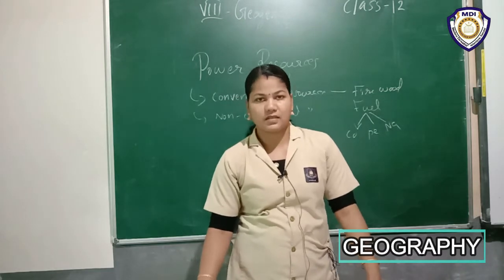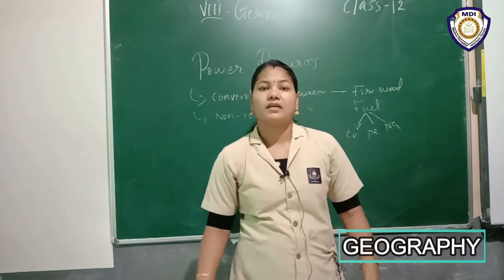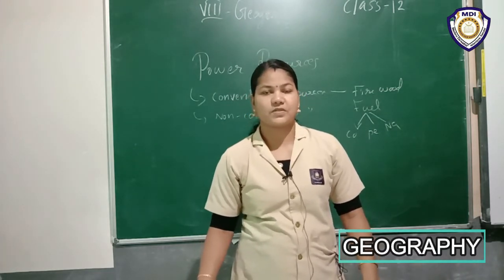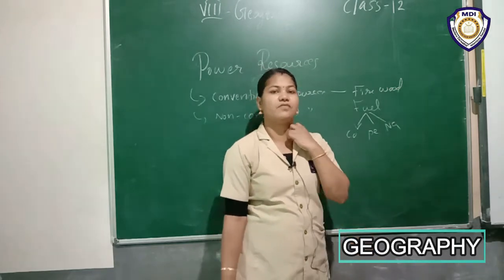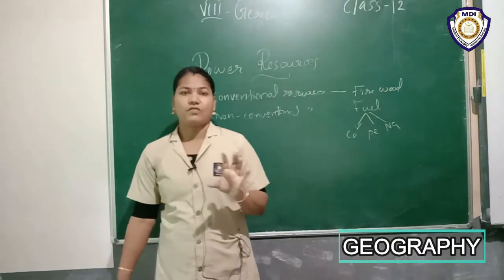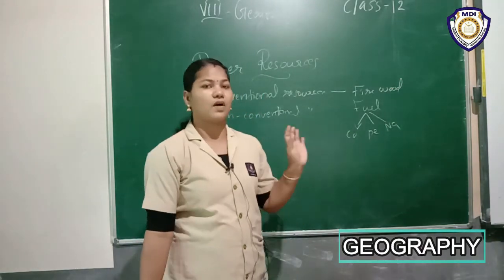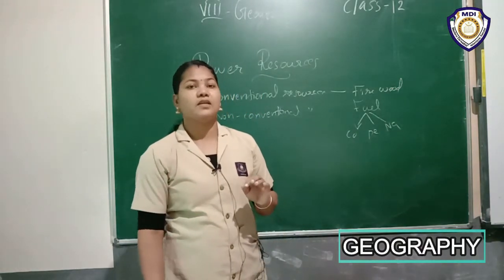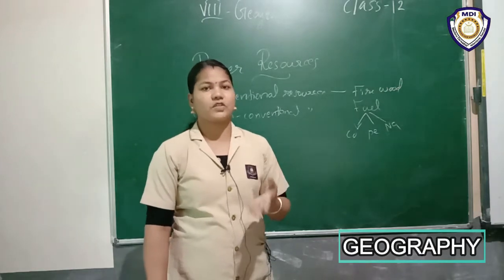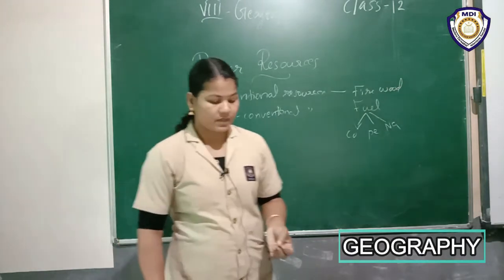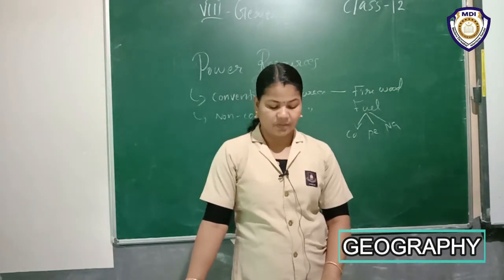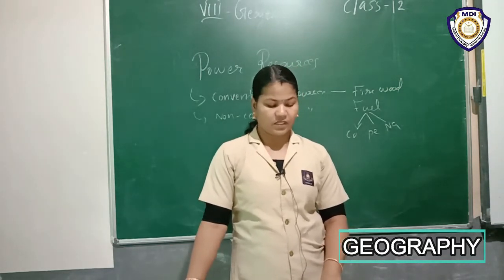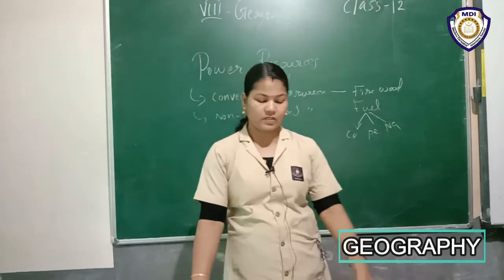Now we are discussing the conventional sources of energy. Conventional sources of energy mainly include firewood and fossil fuels. Fossil fuels include coal, petroleum and natural gas. We know that in the formation of fossil fuels, remains of plants and animals which were buried under the earth for millions of years got converted by heat and pressure into fossil fuels.